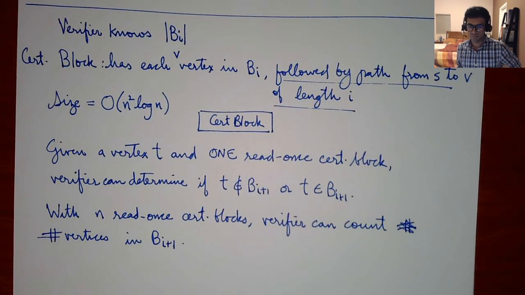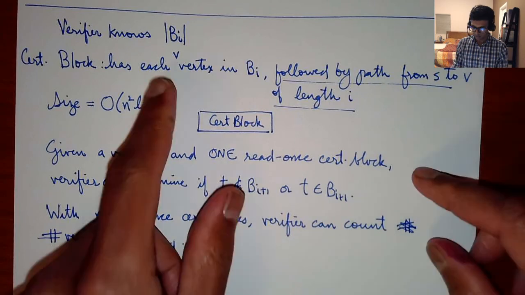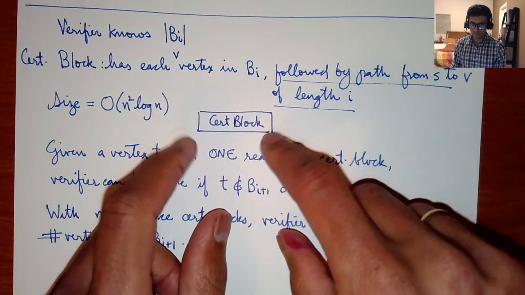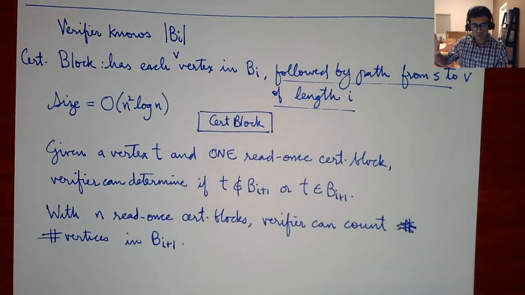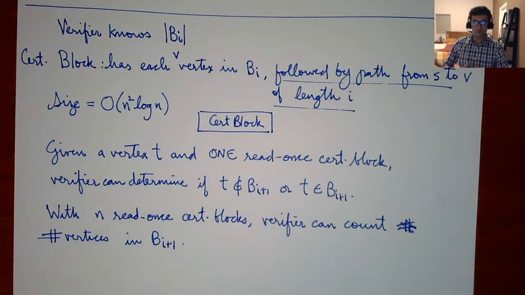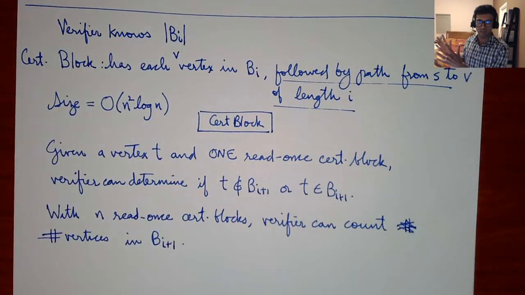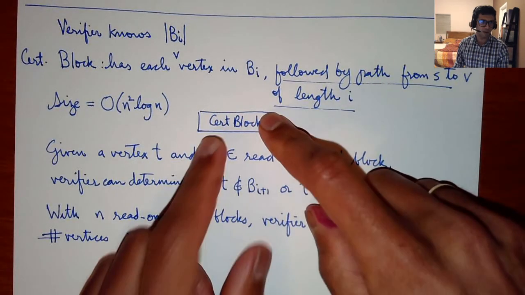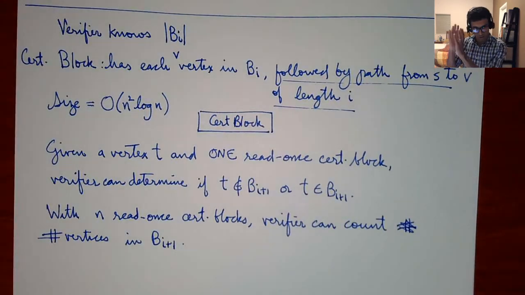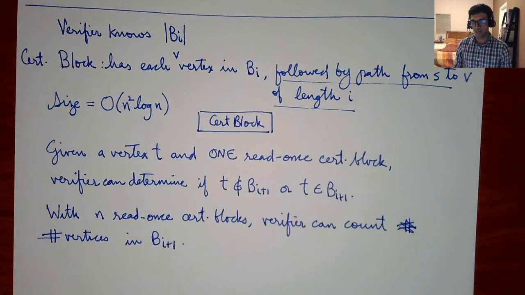That's one block, and that will tell us if it's in B2. Exactly. The point is, once you get the size of BI, the subsequent certificates in this block have nothing to do with how we convinced ourselves of BI. So the verifier convinced itself of BI through some complex process, but this certificate block, in some sense, doesn't care about that. It says, okay, you know what BI is? Now let me convince you that I'm showing you all the vertices in BI.